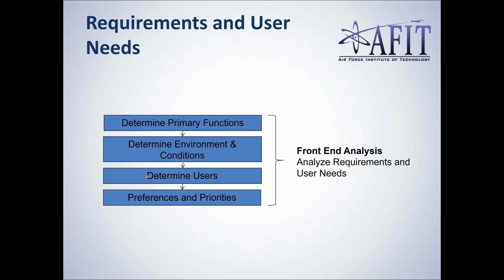We want to understand the users, which again might provide another level of restrictions. Can we afford to train the users or not, for instance? And then from this, we'll begin to set up preferences and priorities for our overall interface design. So this is some of the front end types of work that we'll do.